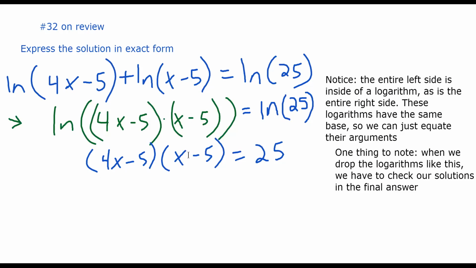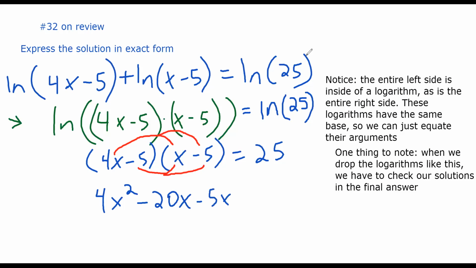You're going to need to FOIL this side out, and you're going to end up with a quadratic. So remember how to FOIL. It goes like that. We're going to end up with 4x squared minus 4x times 5, 20x, minus 5x plus 25 equals 25.